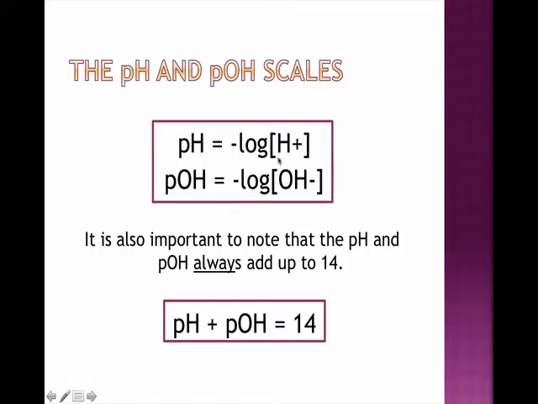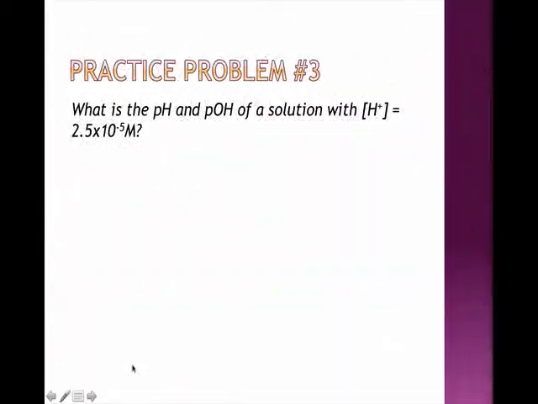So that's the one that we're going to focus on, but you still need to be able to do this calculation. It's also important that you know that the pH plus the pOH always add up to 14. So if we know one of these, we can figure out the other because they always add up to 14.